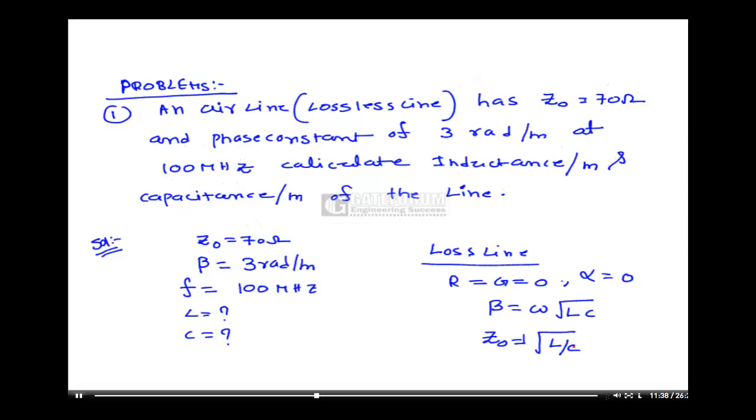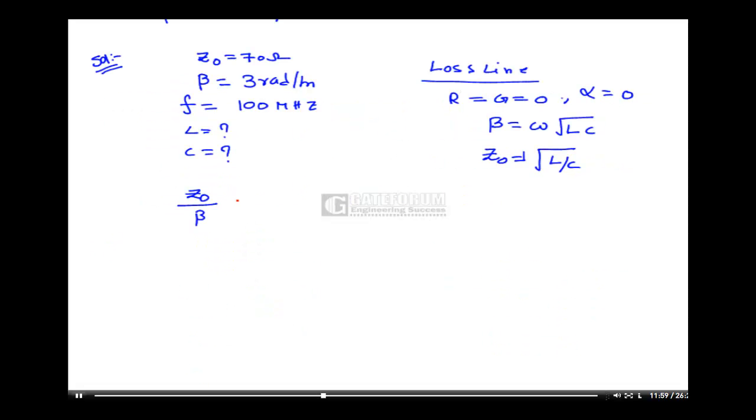Now, what are the given things? Beta is given, and characteristic impedance is also given. Therefore, we can relate them by calculating Z0 by beta. Suppose we calculate Z0 by beta, then what are we getting?